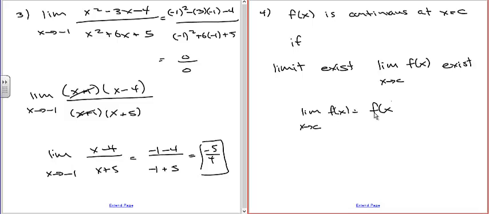So the limit is equal to the value of the function evaluated at that value of x. And finally, f of x exists at x equals c. So those are the 3 requirements: the function exists, the limit exists, and the limit equals the value of the function.